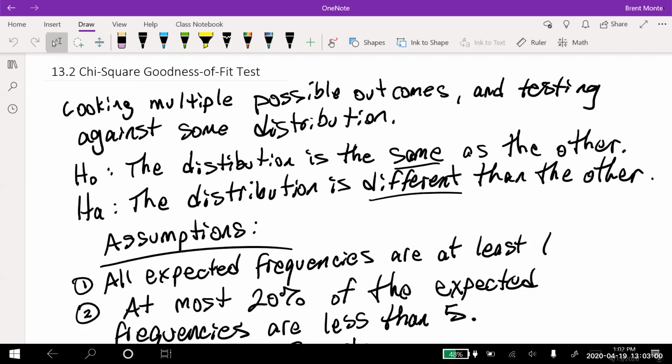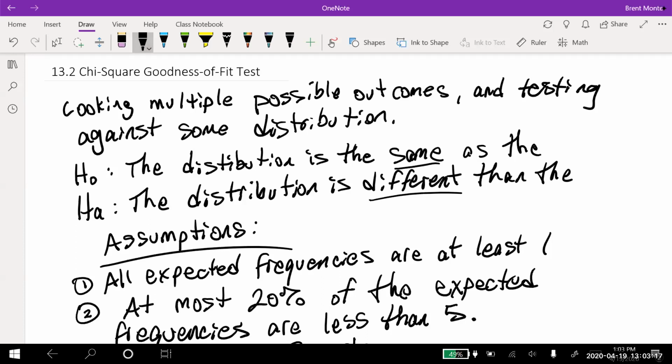Notice the null hypothesis for any of these problems is always going to be the same. The distribution is the same as the given, instead of the other. So let's go ahead and change that.